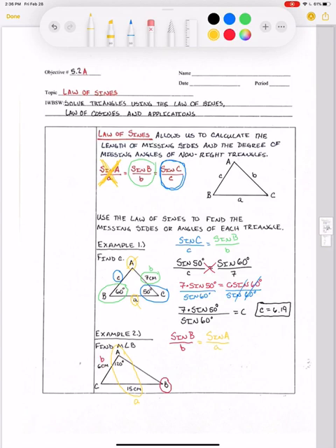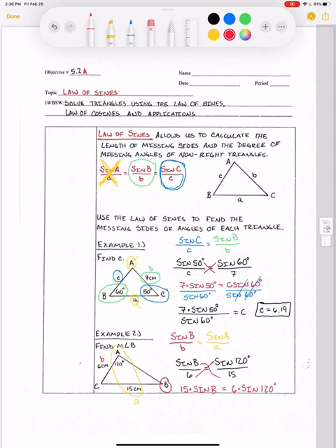And if I plug everything in, I have the sine of B divided by 6 equals the sine of 120 divided by 15. Again, to solve, I'm going to cross multiply, and I have 15 times the sine of B equals 6 times the sine of 120.